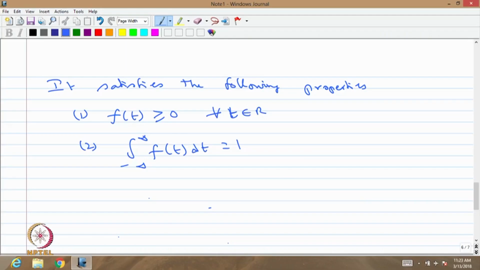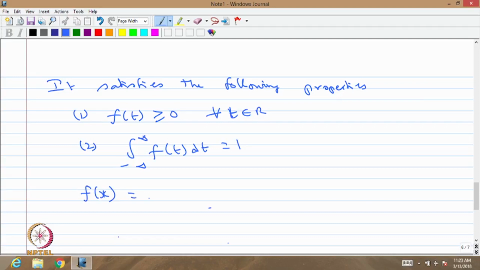If you have a continuous type random variable whose CDF is a continuous function on the whole real line, minus infinity to infinity, then you will get the probability density function. So suppose you know the CDF, you can get the probability density function.